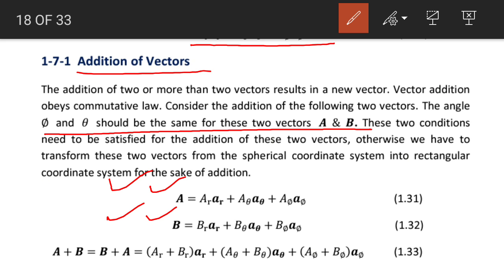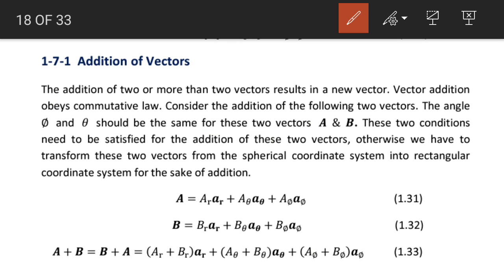So if you want to add these two vectors directly in the spherical coordinate system, this angle theta should be the same for vectors A and B, and similarly this angle phi should be the same for A and B. If these two conditions are satisfied, then you can add these two vectors directly.